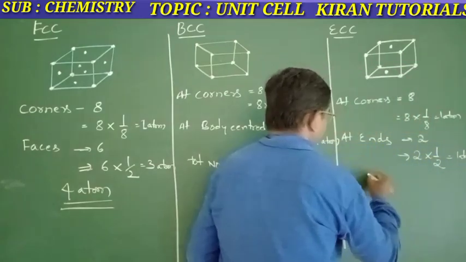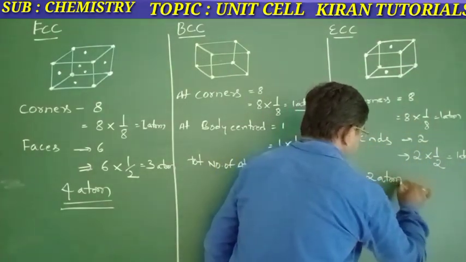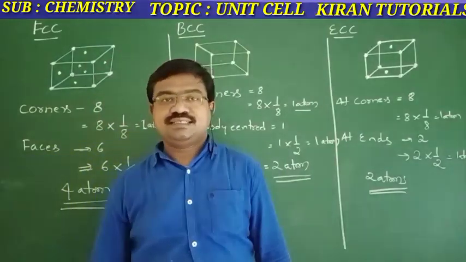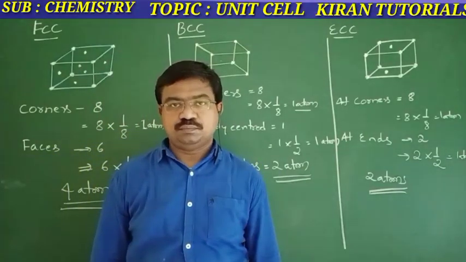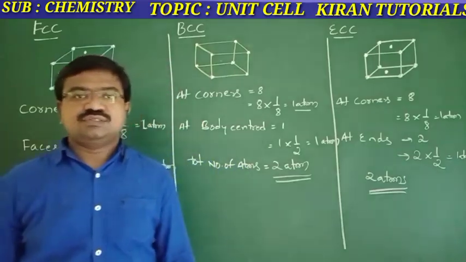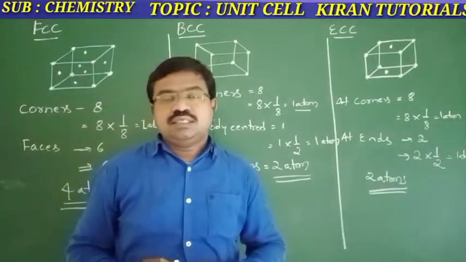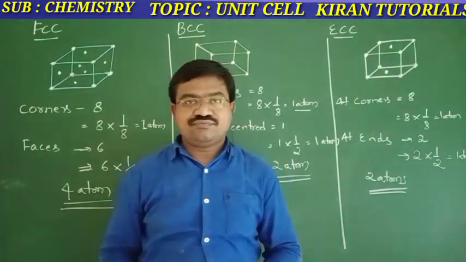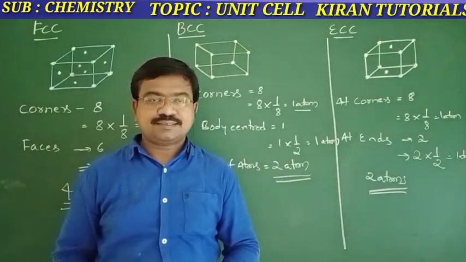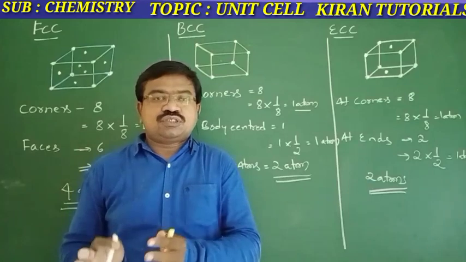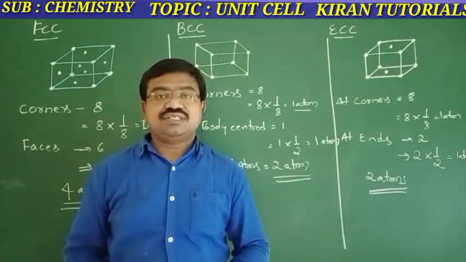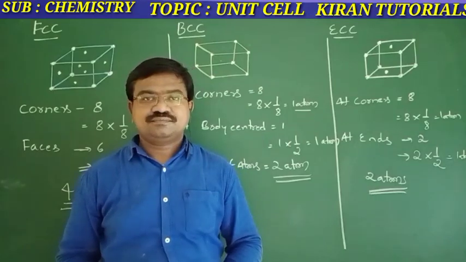So total 2 atoms are present in the end-centered cube. Clear? So that's about the classification of unit cell. Clear? So that's about lattice and unit cell and classification of unit cell. Okay?